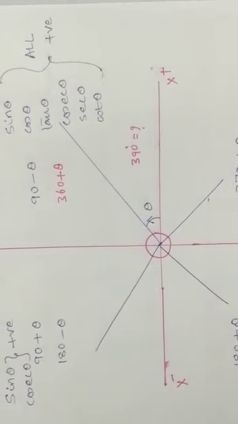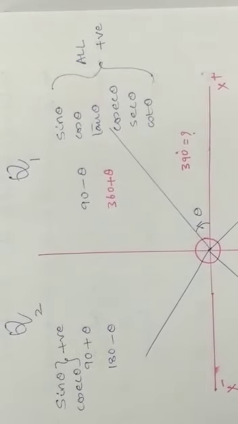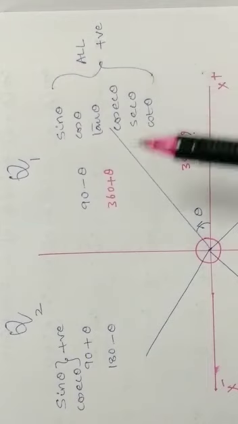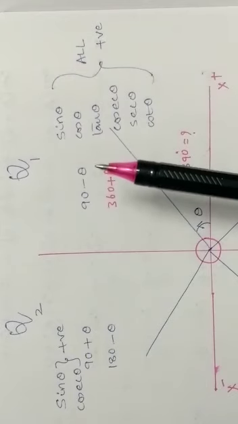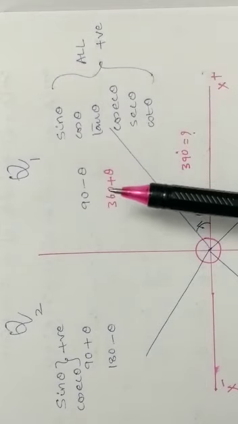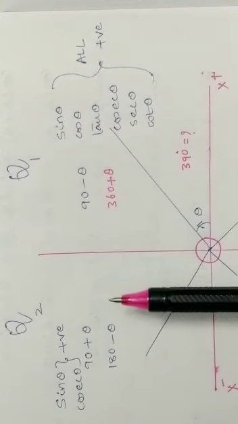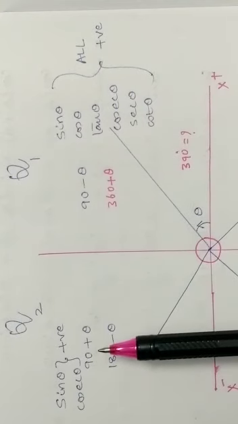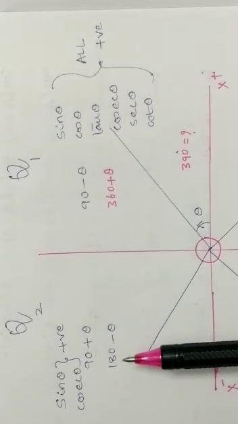So we know first quadrant is 0 to 90 degrees, second quadrant is more than 90 and less than 180, so in between 90 to 180.